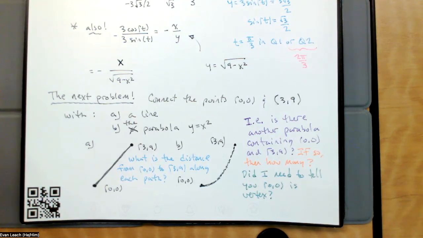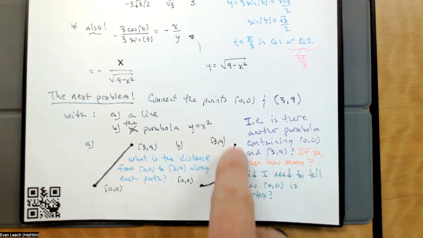No, because I have a starting point and an ending point. If I said, what's the length of this parabola, that would be infinite, because it goes on forever and forever. So yes, just like a line. But I don't have a full parabola. I have a parabolic segment, a finite piece. We know it's going to be longer than this distance. We know it's going to be shorter than going from (0, 0) to (3, 0), and then from (3, 0) to (3, 9), if I add those two up.